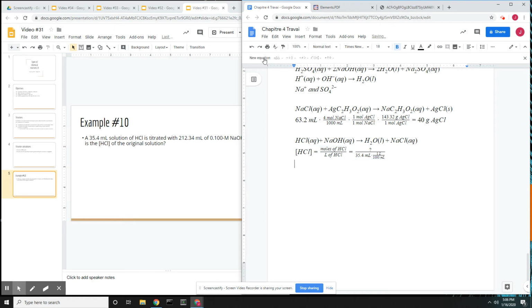So I'm going to need to figure out moles of HCl. The way that I do that is by taking what I have of NaOH. And then I go to my balanced chemical equation. Plug and solve. I'm rounding to 3 sig figs because 0.100 has 3 sig figs.